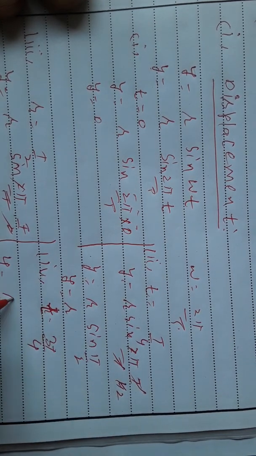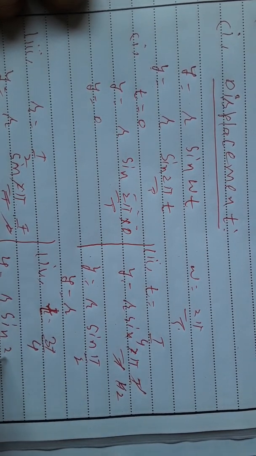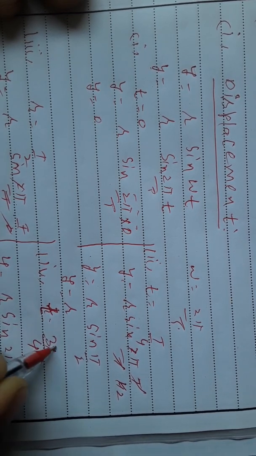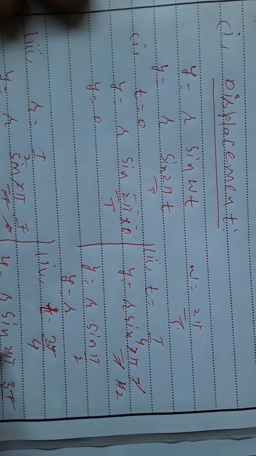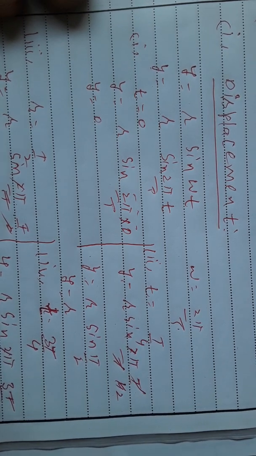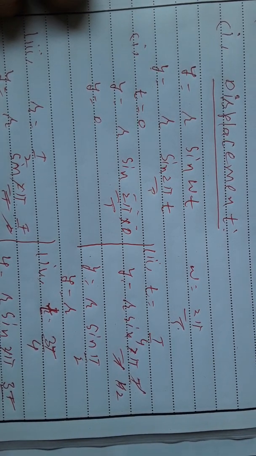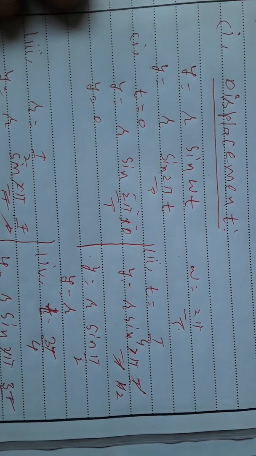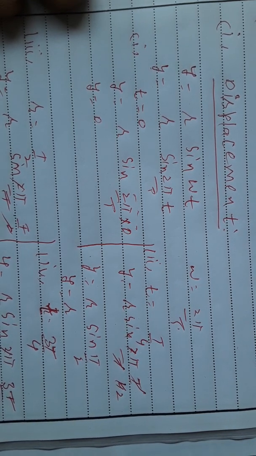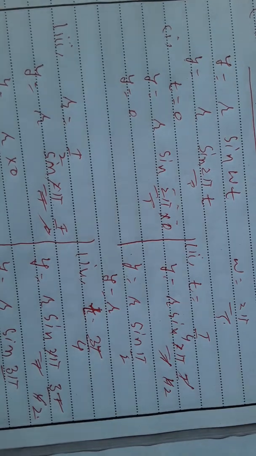So y is equal to r sin 2 pi upon T into 3T by 4, it will be cancelled. So y is equal to r sin 3 pi by 2, that is sin 270, which is minus 1, so minus r.